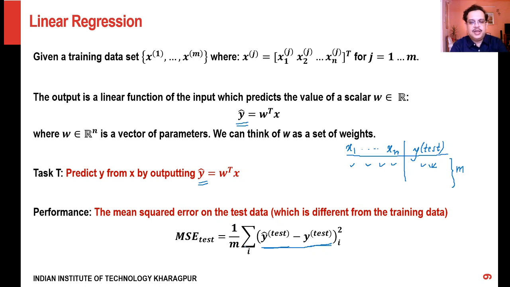Now obviously at the training phase I cannot use the test data, because I have divided my data into two parts. One part will be used for training, the other part will be used to test the model and determine how well it performs on the test data.